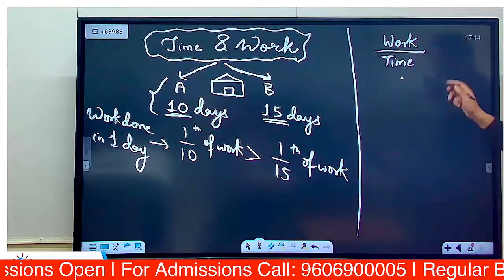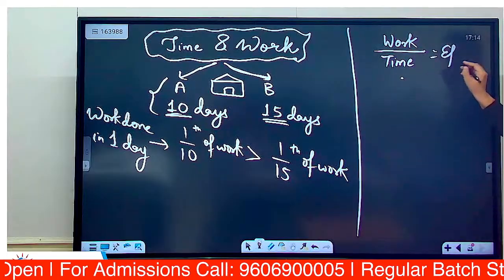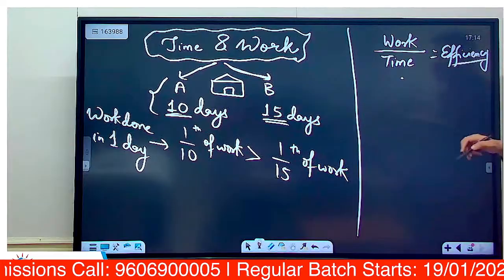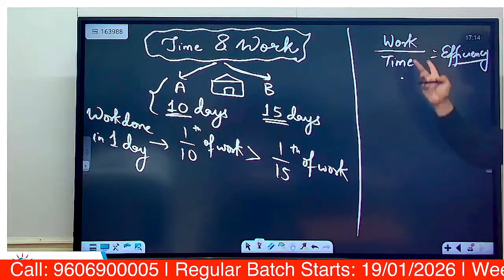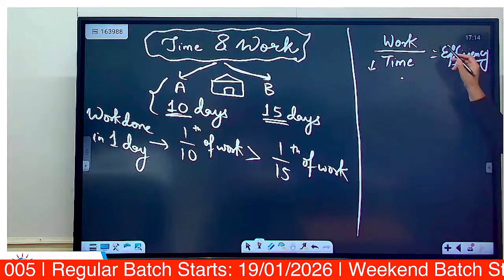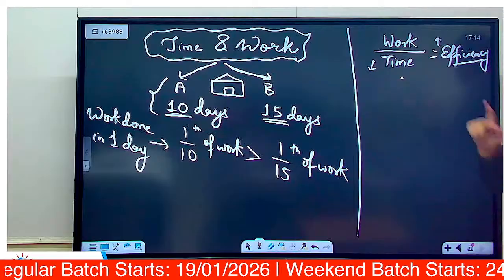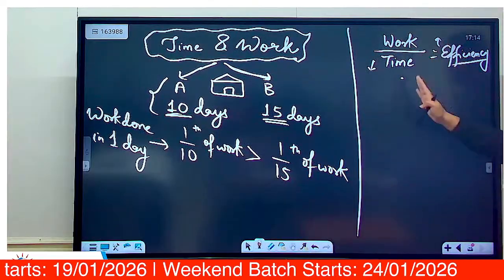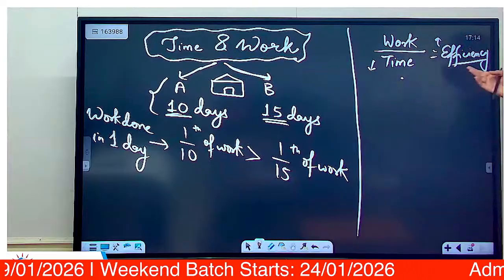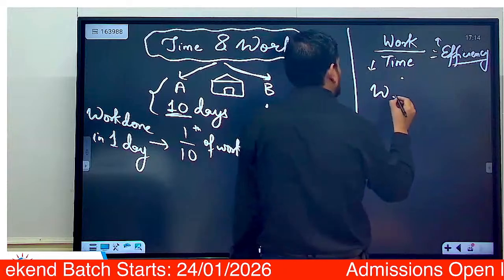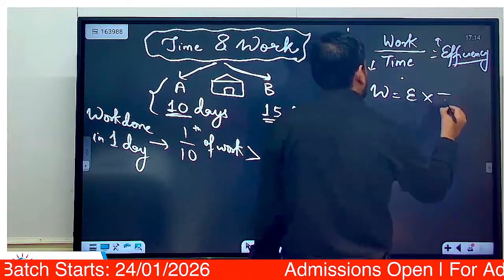If you divide these two quantities, you get something called efficiency. Intuitively also you understand that if somebody is doing the same work in lesser time, then efficiency becomes more. If he's taking more time to do the same work, then efficiency is less. So work upon time is equal to efficiency. Or in other words, we write it as work is equal to efficiency into time.